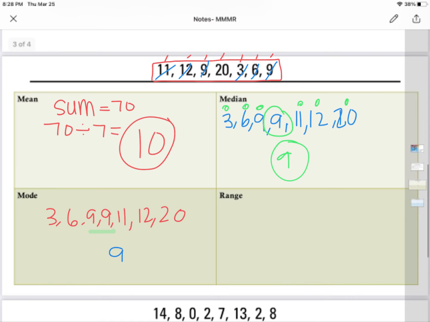So that's going to be our mode. It's the one we see the most, okay? And then for range, we're going to look at our biggest number, which is 20, and our smallest number, which is 3, and we are going to subtract them. So 20 minus 3 gives us our range, which is going to be 17.